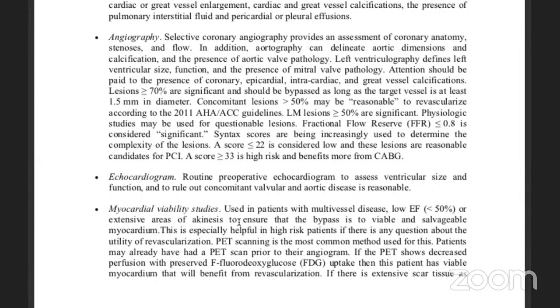I think there was a recent publication, the SHOCK 2 trial, and basically they say there's no benefit of viability studies. You need to review that. It was in the last 2 years or so. I'm not really keeping up with that, but I'm pretty sure that this statement of less than 50 does not apply. Have you seen it done here?